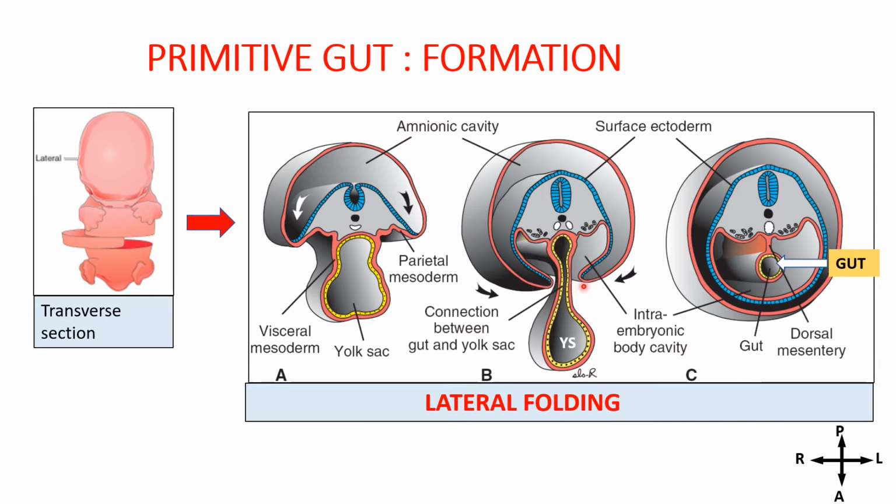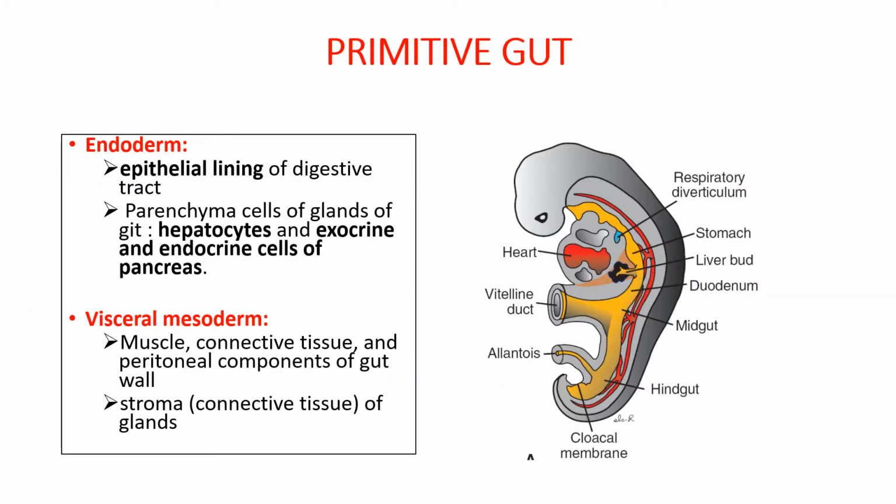In the last picture you can see the lateral folds have come closer to each other and closed the ventral body wall. In this way, this portion of the yolk sac which formed the primitive gut is now not communicating with the extraembryonic coelom. So this is the gut tube. Now we have understood how the primitive gut is formed by the cephalocaudal and the lateral folds.